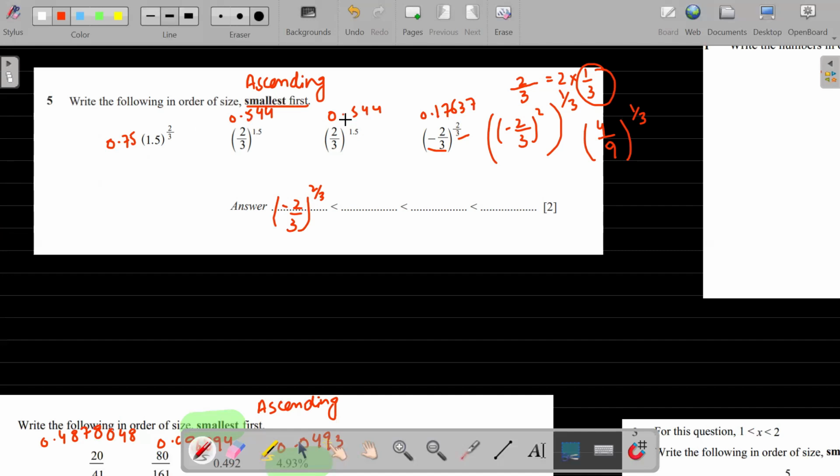Okay, it means that 1.5 is the biggest of all these terms. So I will be writing it over here, 1.5, 2 by 3. And these two numbers are the same. So I will be writing it here gradually. Same way it will be written over here, 1.5. That's all.